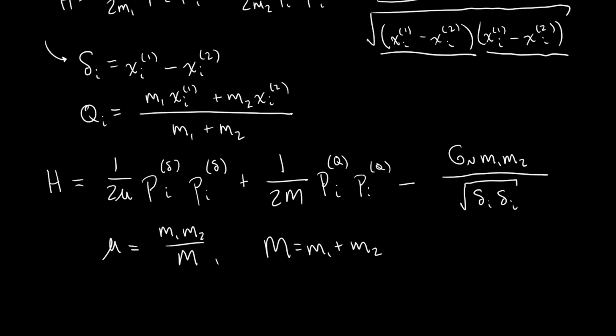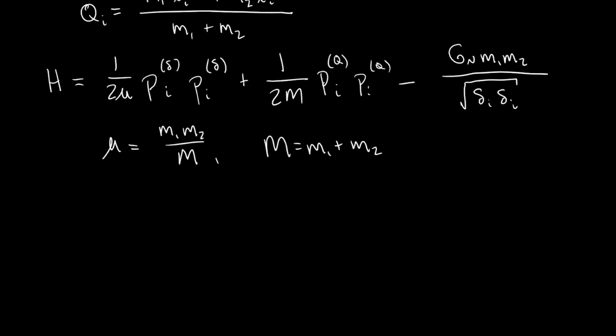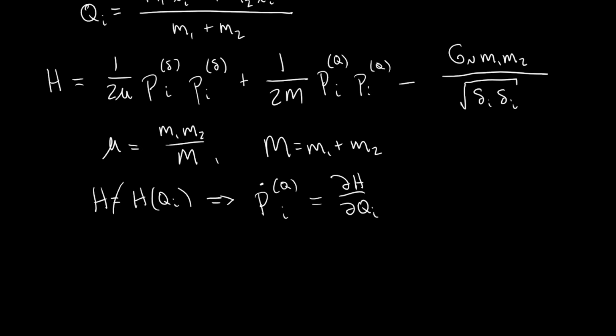Okay, so we can already see something very cool happening. We see that H, our Hamiltonian, does not explicitly depend on any of the center of mass coordinates, which in particular tells us that, keeping my notation consistent, this dH/dq sub I is 0.